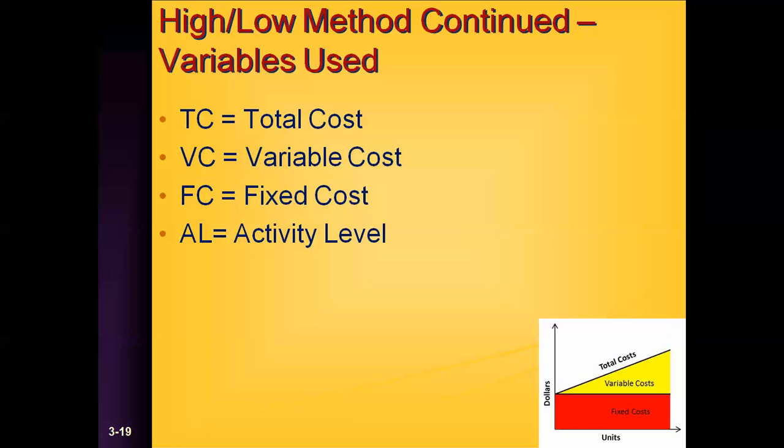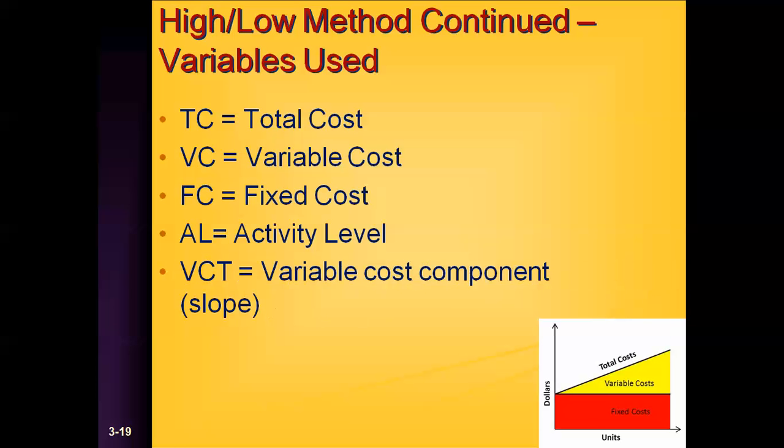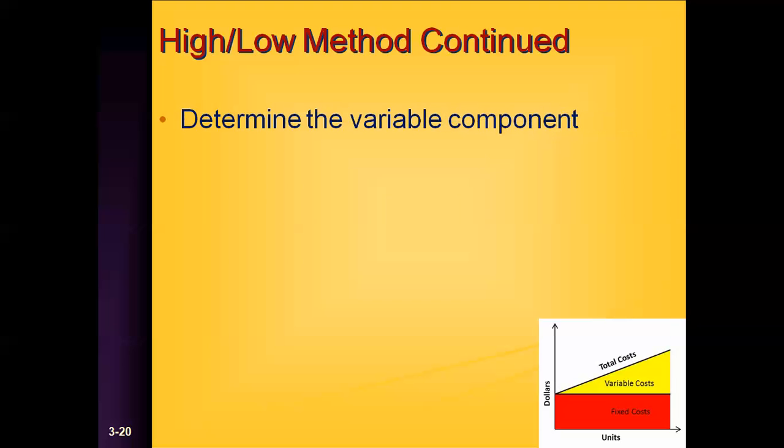AL would refer to activity level, and VCT would be the variable cost component of the equation, traditionally known in algebra as the slope. So you've got those down. Now let's see how we put those particular variables to use.